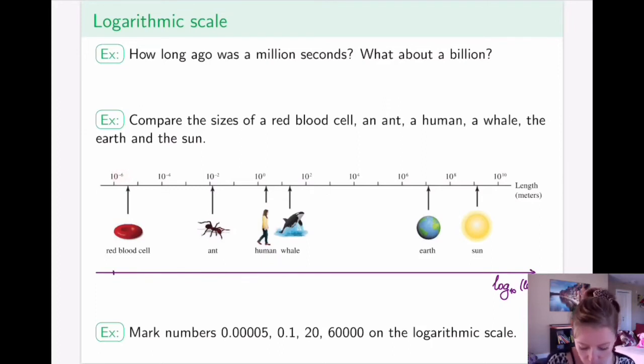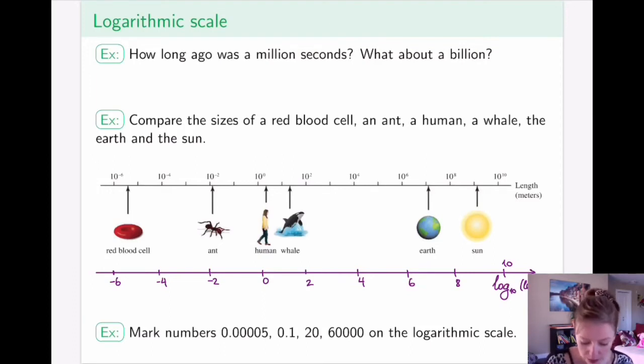So here we will have -6, -4, -2, and so on. In that way, when we have quantities, we don't have to have numbers of really large magnitude and of really small magnitude. We will only be dealing with numbers between -6 and 10, something much more manageable and much clearer, depicting what are the actual trends.